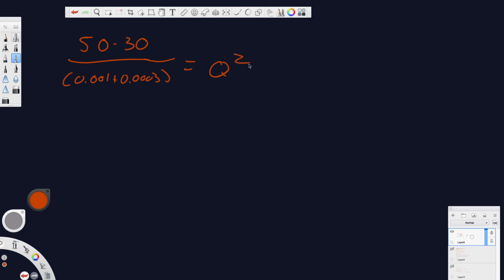All right, we get this in terms of Q, and then we have our flow rate. I actually have not done the numbers on that. Let me put that in the calculator real quick and come back.